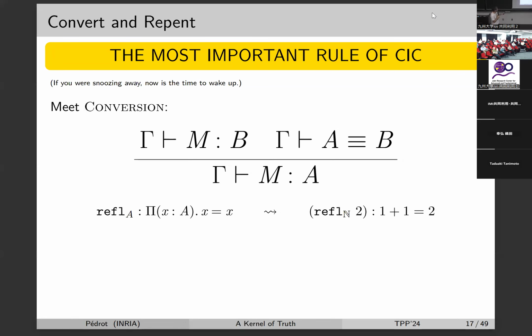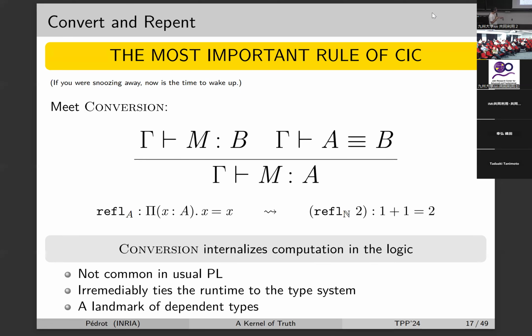That's the thing that makes the following work. If I have REFL, the proof that x equals x for all x, the reflexivity proof, and I apply it to 2, then magically it becomes a proof of 1 + 1 = 2 by conversion. Basically that means that in dependent type theories, computation is hardwired in the logic. The whole runtime of the programming language flows into the type system.